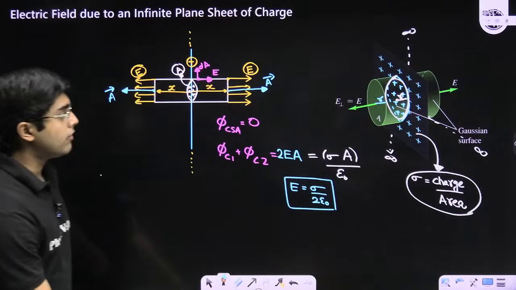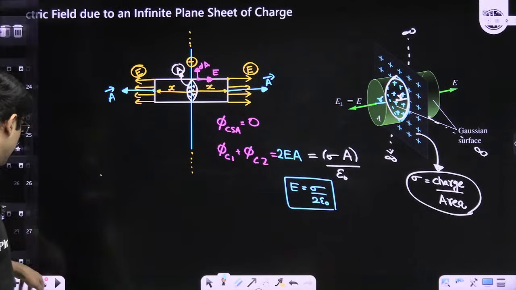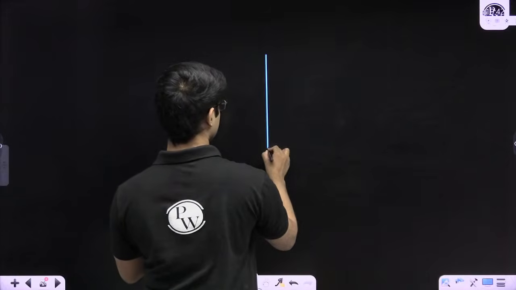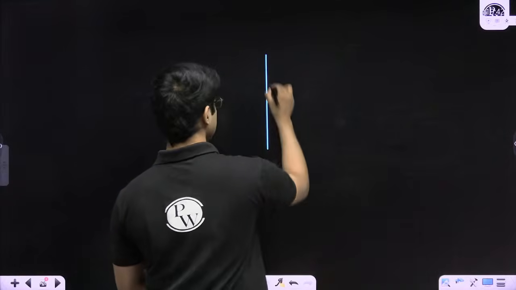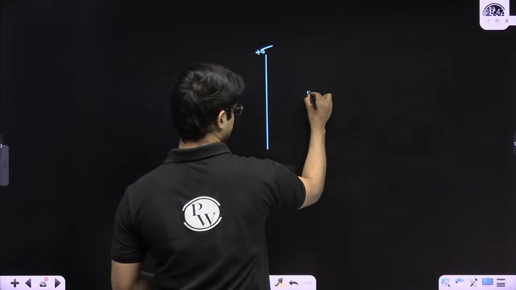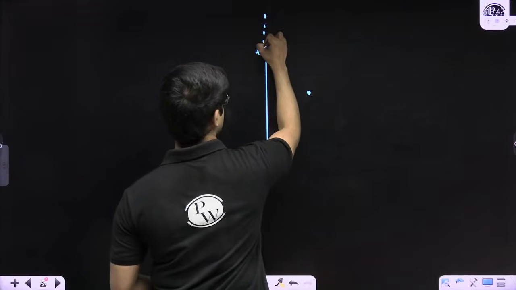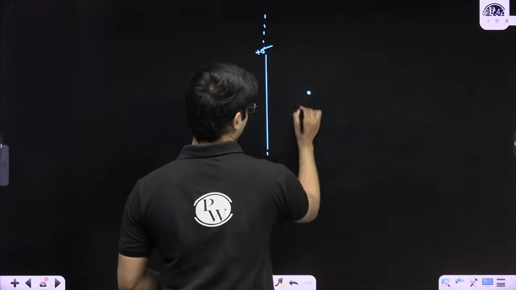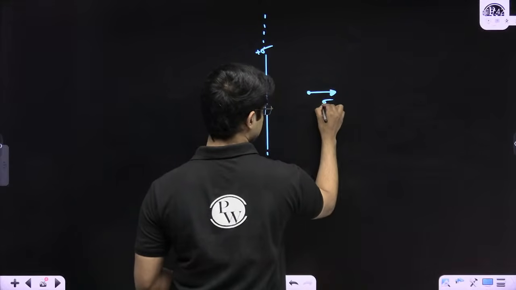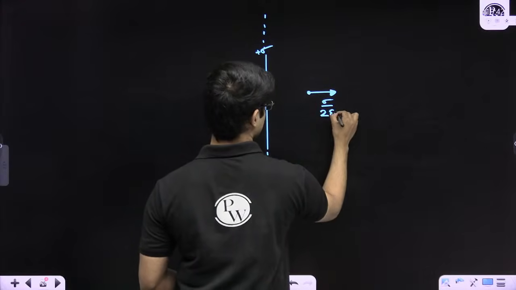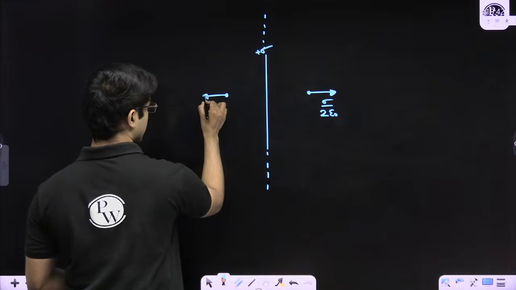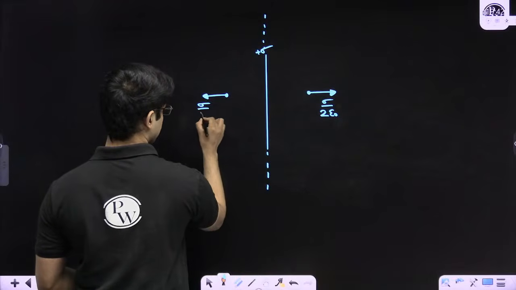So if you have an infinite sheet, then on the right side everywhere the field is to the right, and the magnitude is sigma by 2 epsilon naught, and on the left side the field is to the left, and the magnitude is still the same.